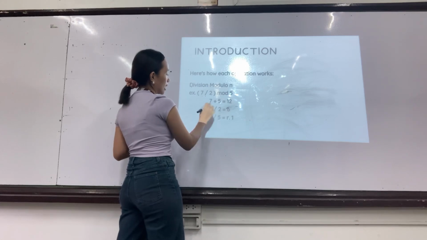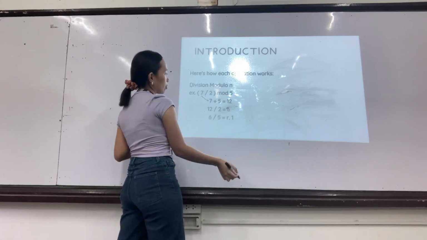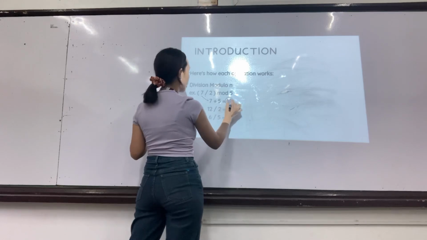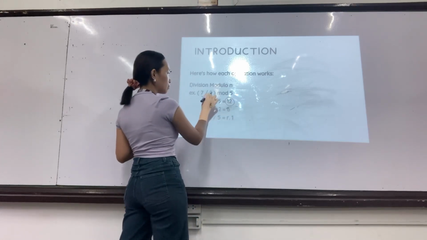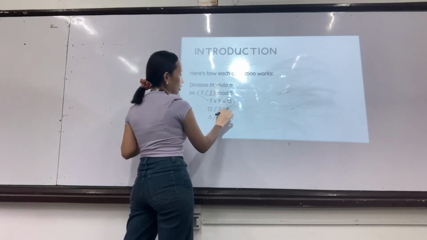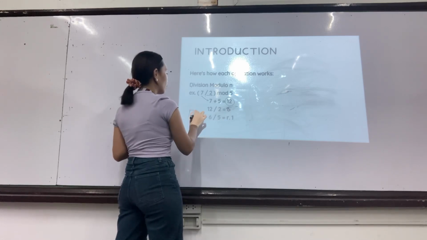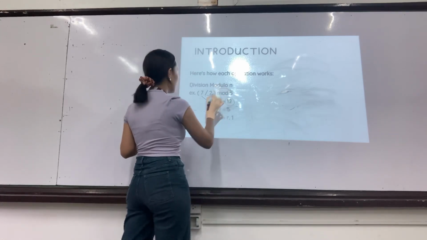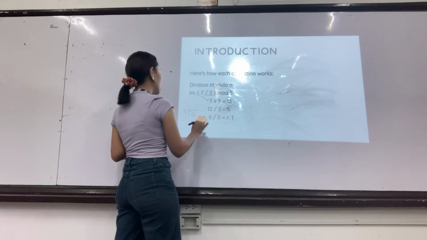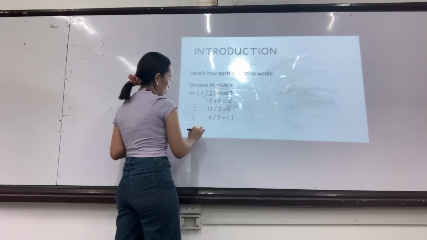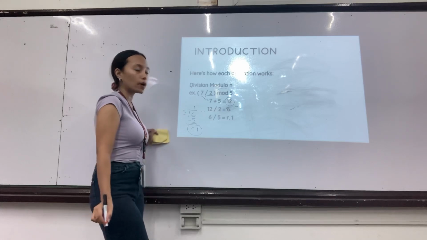What happened here is we bring down the 7 and then add the value of modulo, and then we get 12, and then we divide 12 here, and now we get the number 6. And then the value of 6 is divided by the modulo value, which is 5, and then we get the answer of remainder 1.